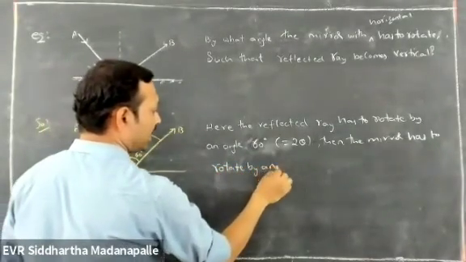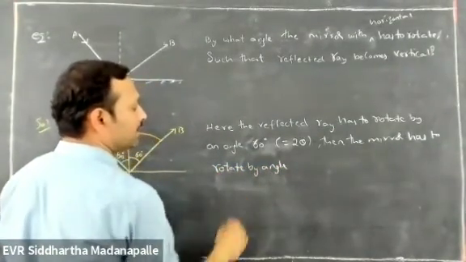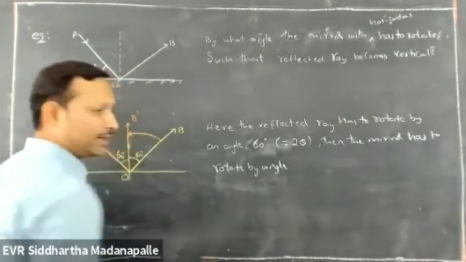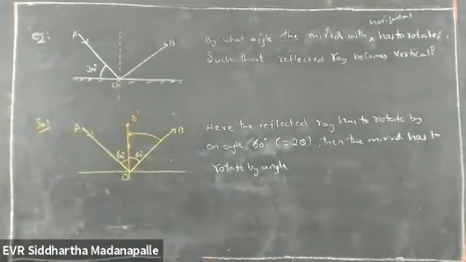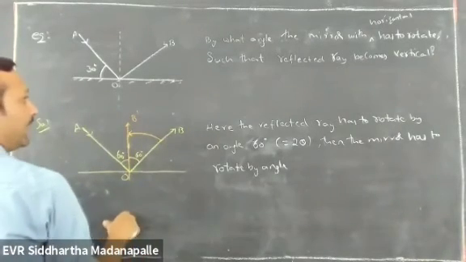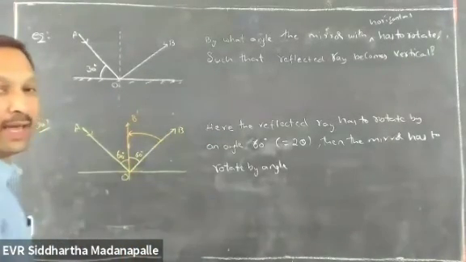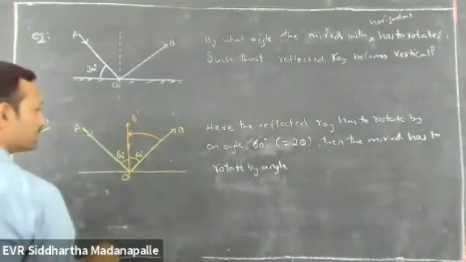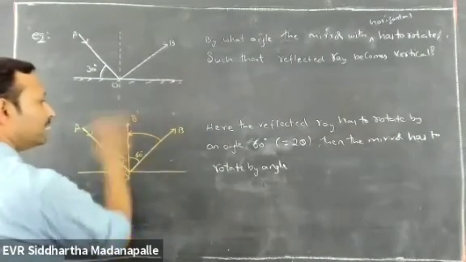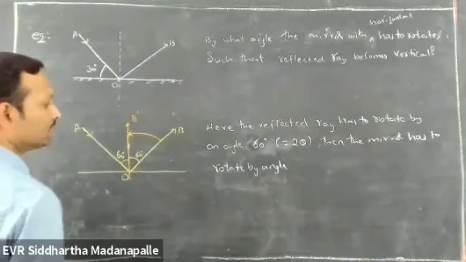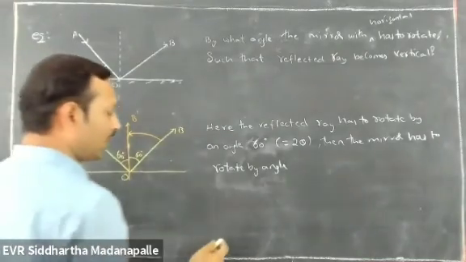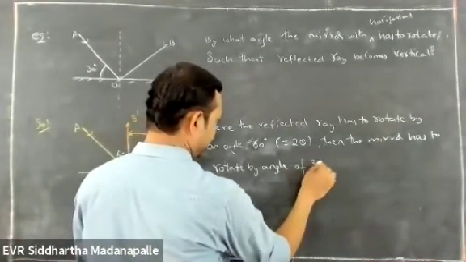If the mirror is rotated by an angle theta, then the reflected ray rotates by an angle of 2 theta. Now here the reverse concept: the reflected ray is rotated by an angle 2 theta, therefore the mirror has to rotate by an angle of 30 degrees.